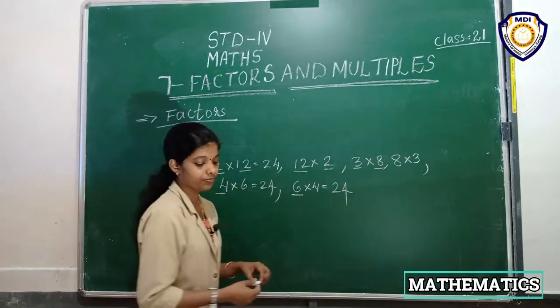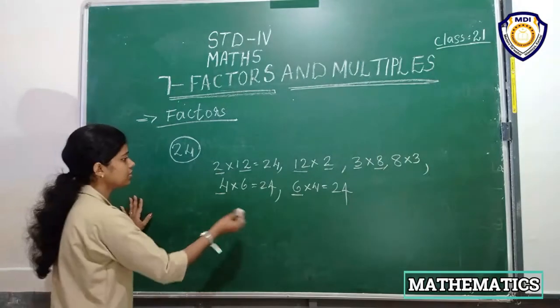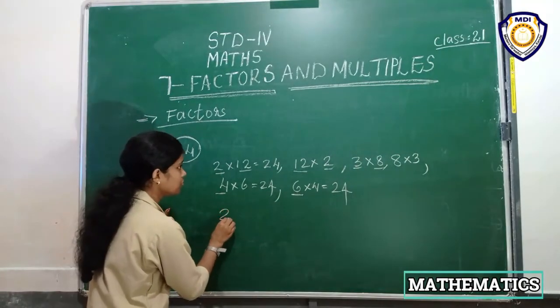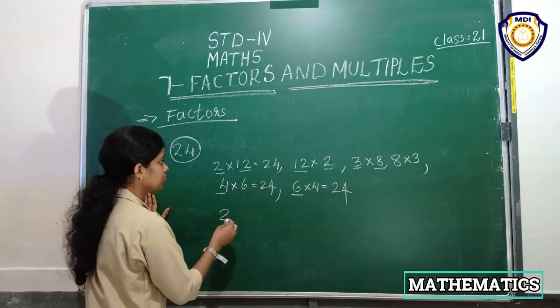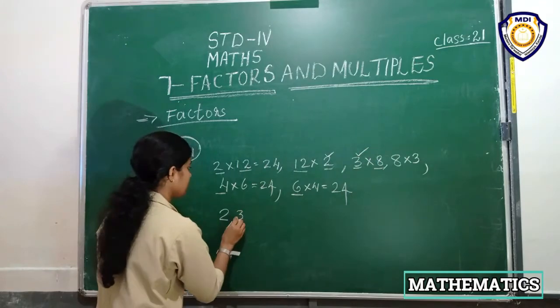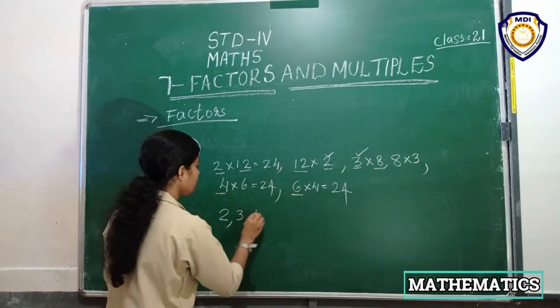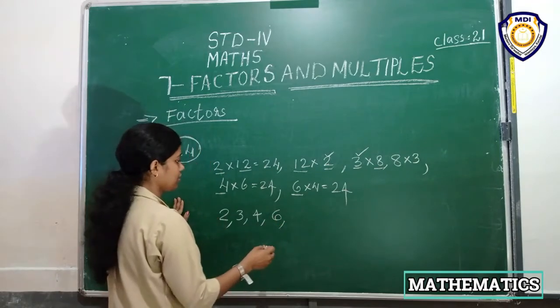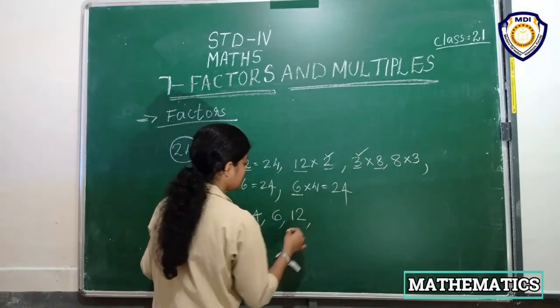Consider the number 24. Here the factors are 2, 3, 4, 6 and 12.